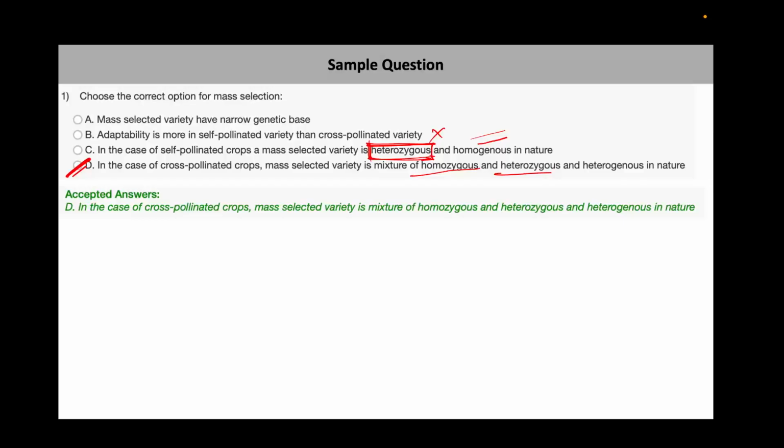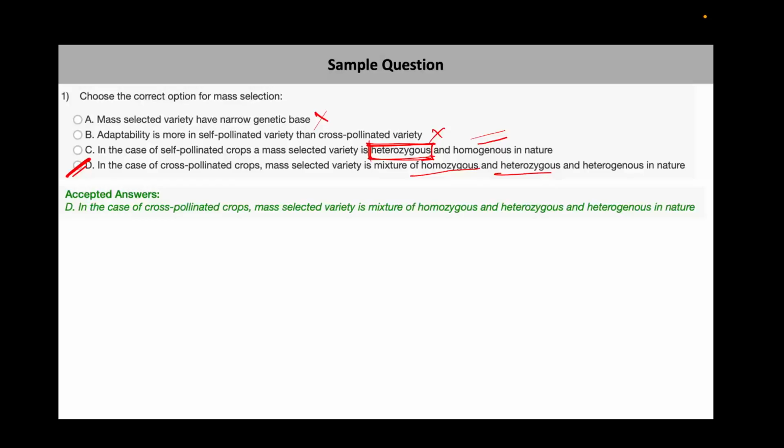The first option was that mass selected varieties have a narrow genetic base. No, it will have a very broad genetic base, because the selection was not based on any genetics. The selection was based only on phenotype. That means 10 different genotypes can also generate one single phenotype.